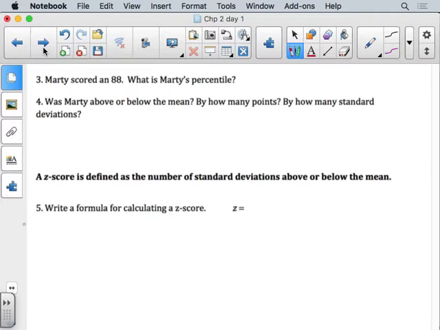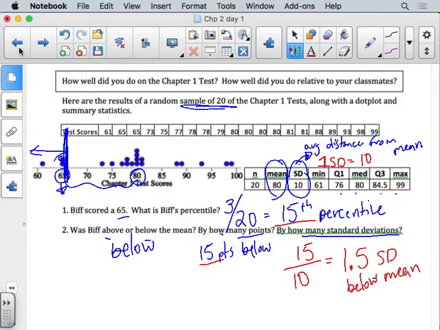Okay, Marty scored an 88. What is Marty's percentile? So Marty was doing better. He scored an 88, so that would be this value there. What are the numbers that are less than or equal to Marty? What I like to do on these is just count the numbers that were bigger than him.